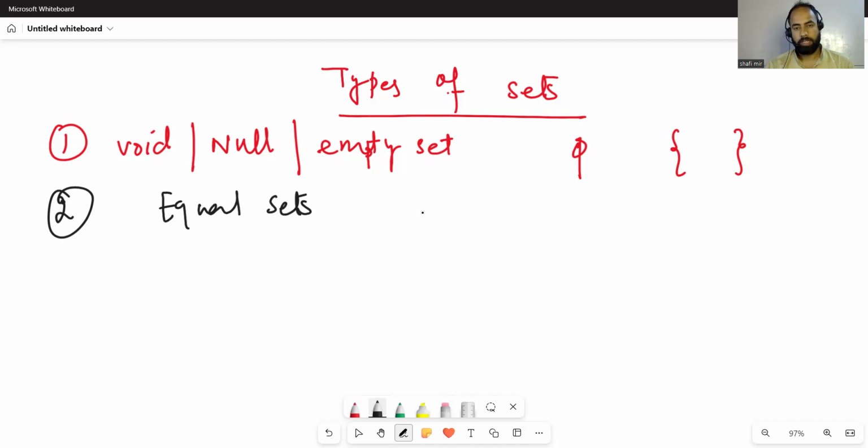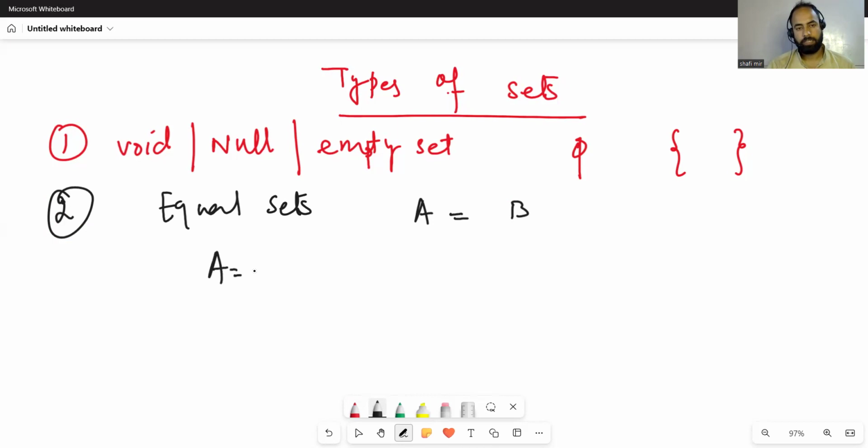The second type of set is equal sets. Suppose set A and set B are equal, it is represented as A equals B. Set A and set B are equal if and only if all the elements of A are in set B and all the elements of set B are in set A. That means if the elements of A and B are identical, the same, they are called equal sets.